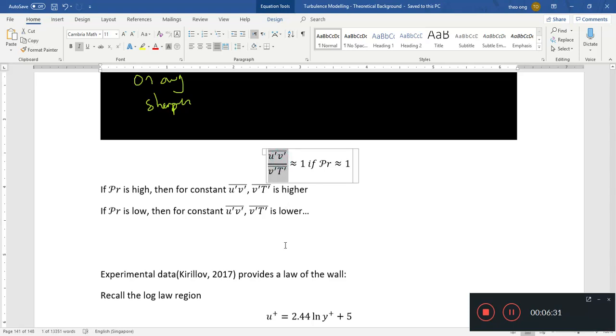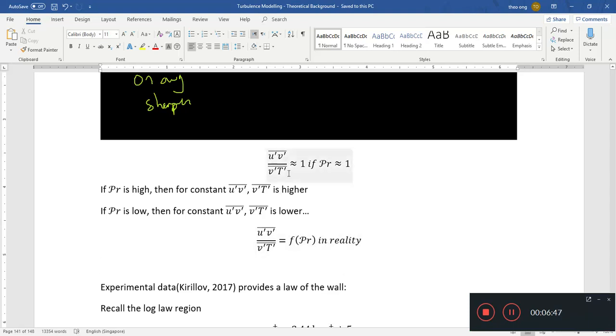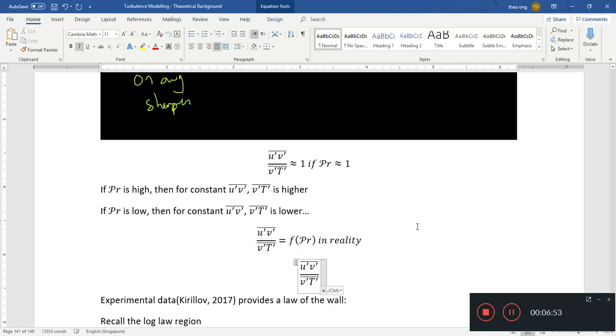But in reality, this would be some function of the Prandtl number. Just take note of that as we go. So high Prandtl number means this is low; it's inversely proportional to the Prandtl number.